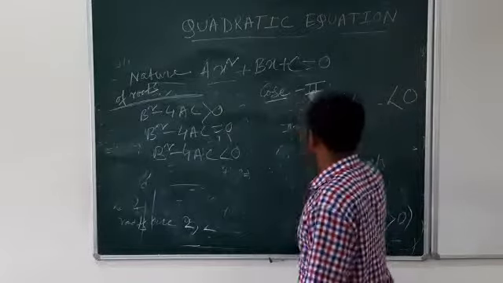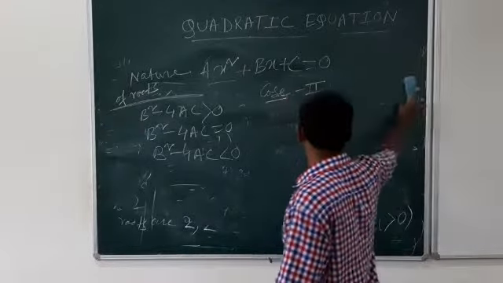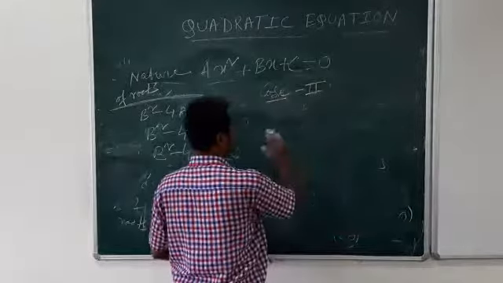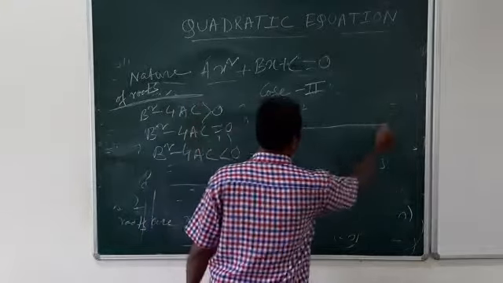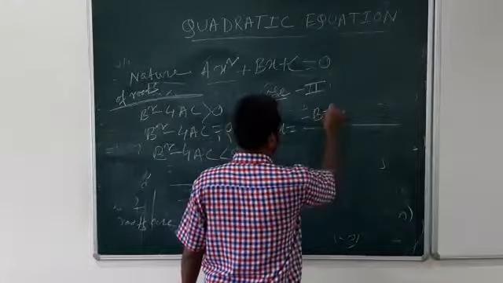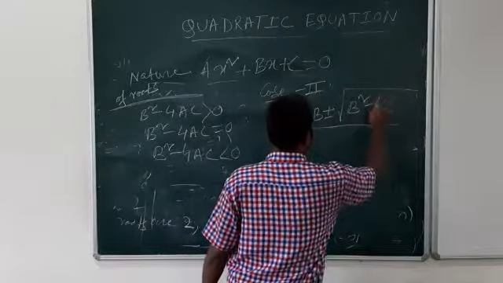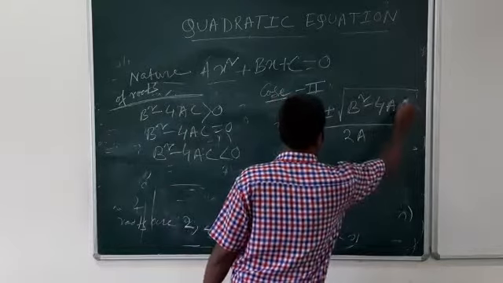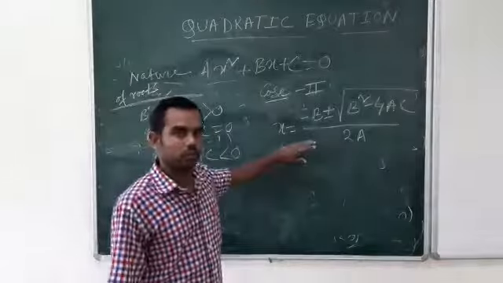Another topic is known as the quadratic formula. x equal to minus b plus minus square root of b square minus 4ac, all by 2a. This formula was discovered by the mathematician Sridharacharya.